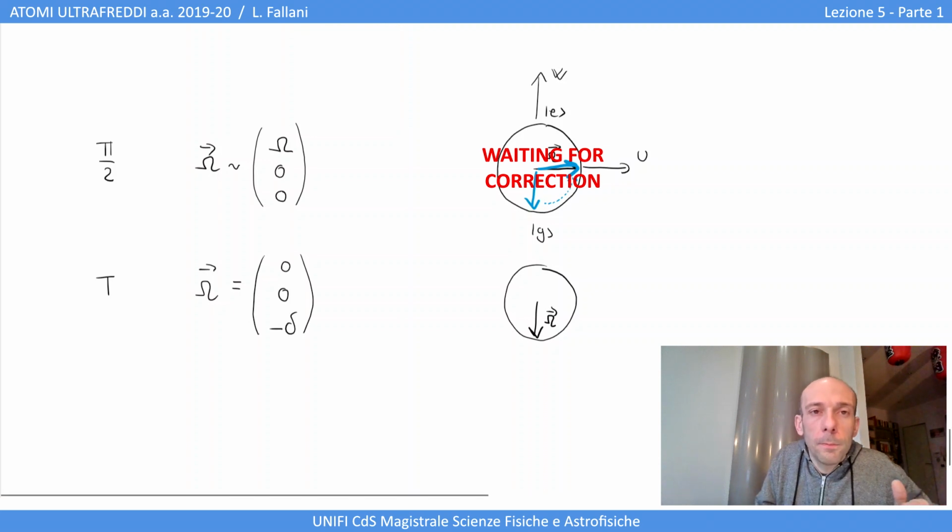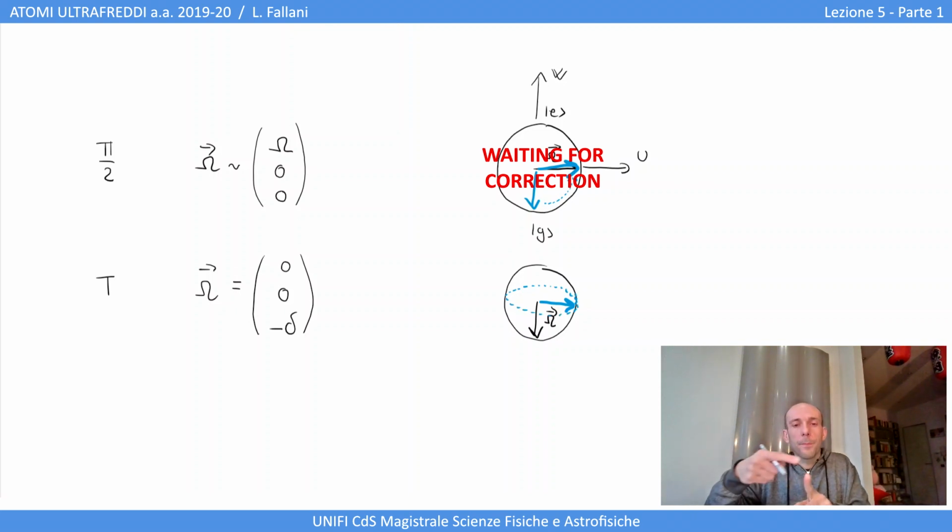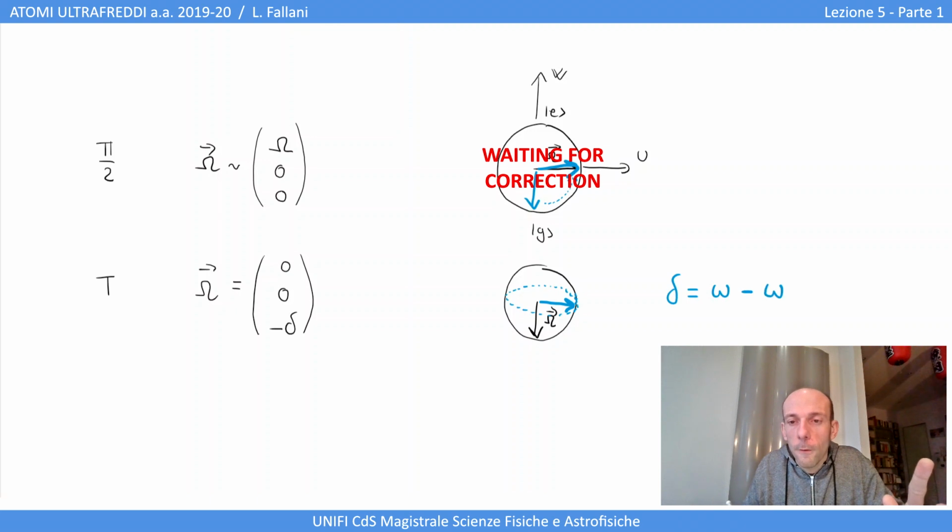And so the Bloch vector that was left on the equator after the first pulse will now start to rotate along the equator of the Bloch sphere. So this rotation happens at a difference of frequency delta. This difference of frequency delta is exactly the difference in the rotation frequency of the field with respect to the rotation of the atomic superposition.